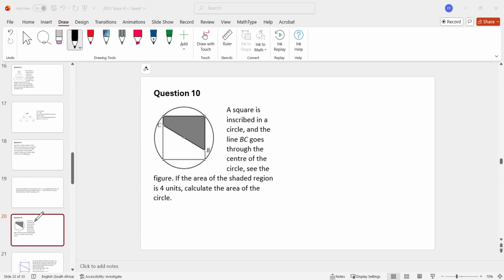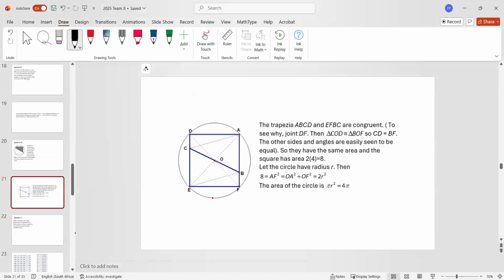All the angles are 45 degrees, all sides are equal. Let's check our answer. Yes, right at the bottom, the area is 4 pi.